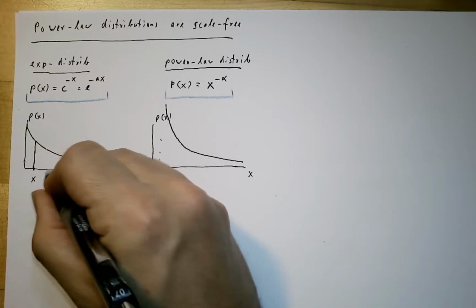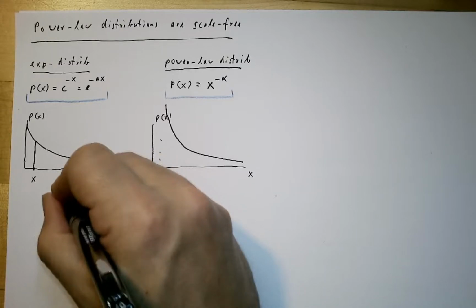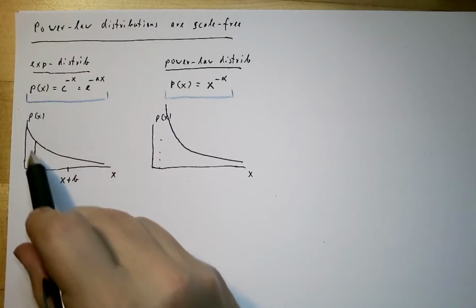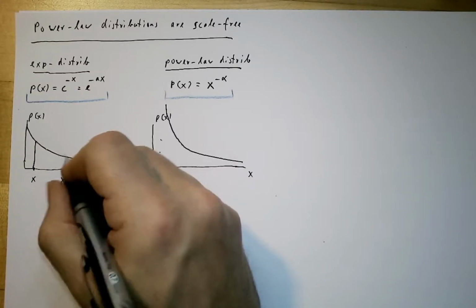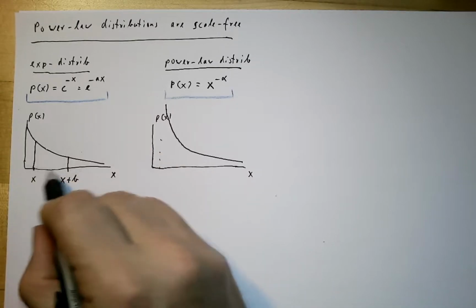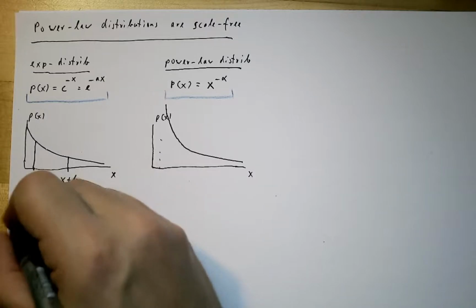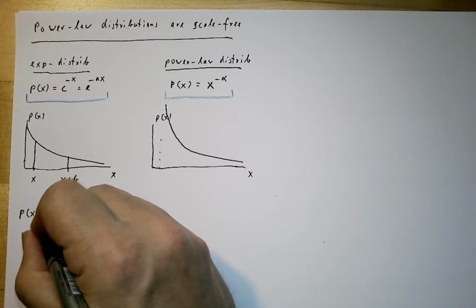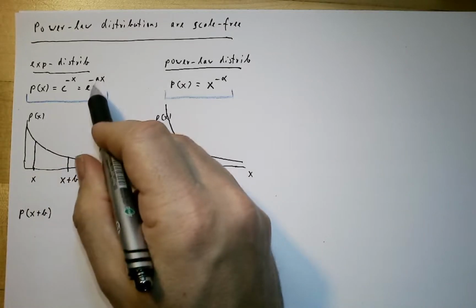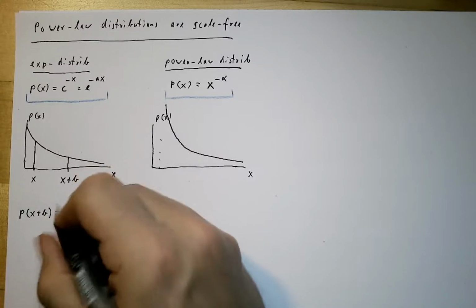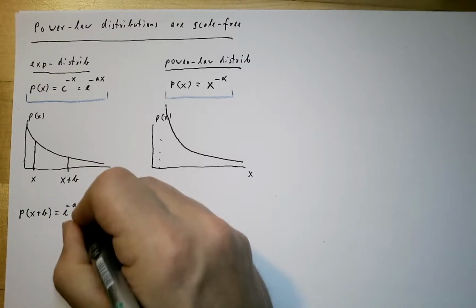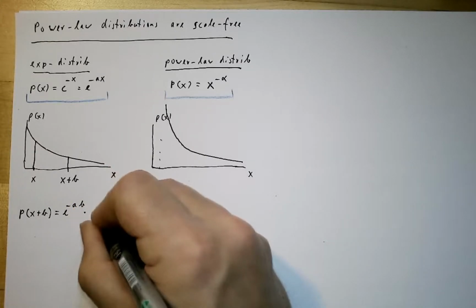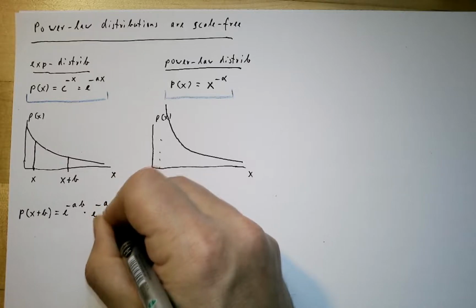and now we can go a certain distance, a shift x plus b, and when we have an exponential distribution we know what the value is at a horizontal shift, because the probability at x plus b, now we can plug this in here, so this is e to minus a times b times e to minus a times x.